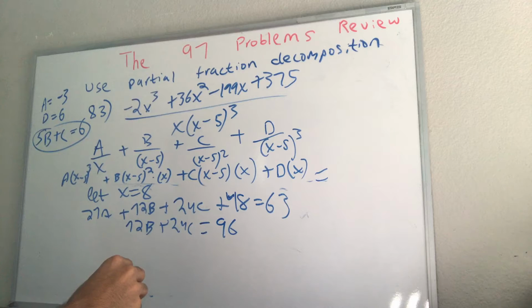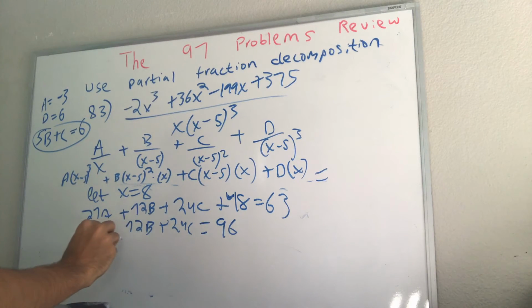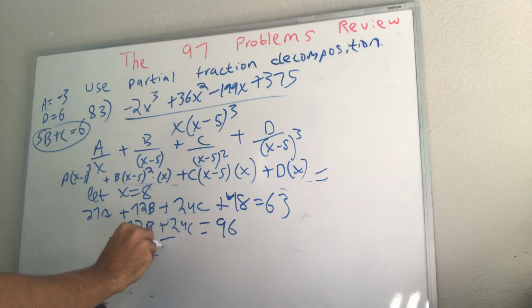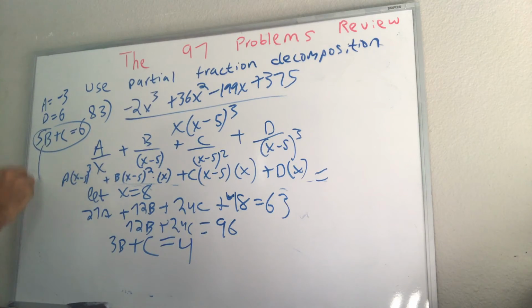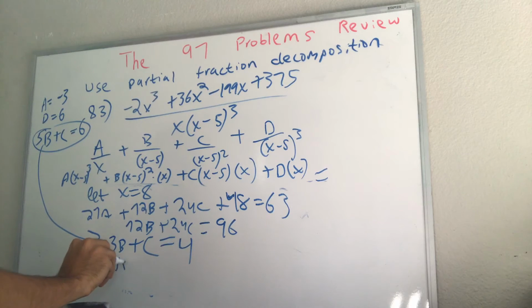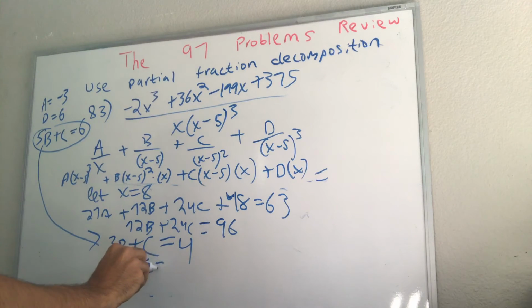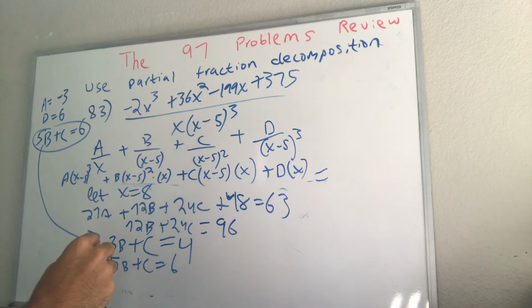Now we can divide both sides by 24, right? If we divide this by 24, we're left with 3b plus c is equal to positive 4, right? And we know one of our equations here was 5b plus c is equal to positive 6, right? And that's a good sign because now we know that c's are common, right?